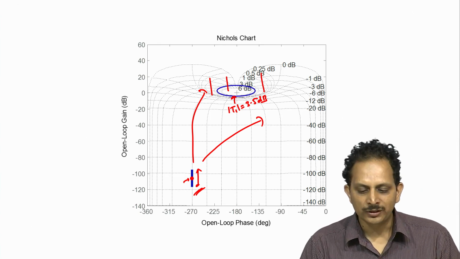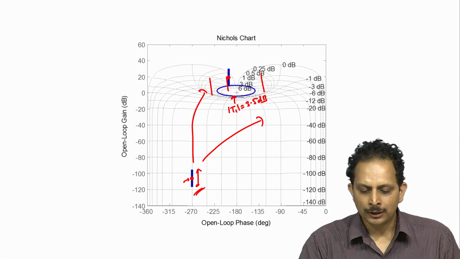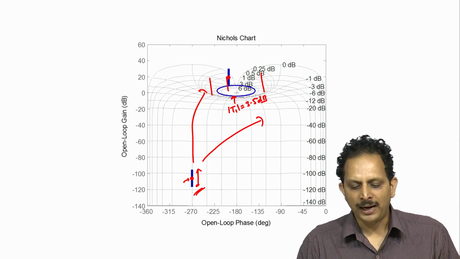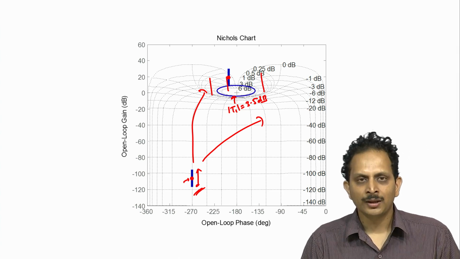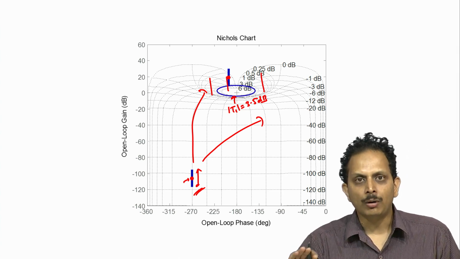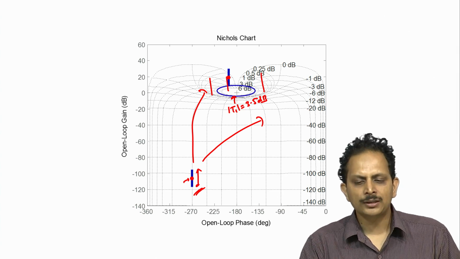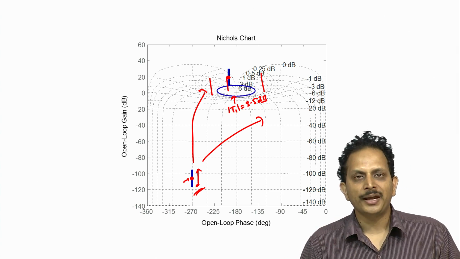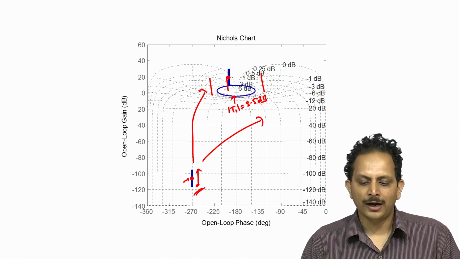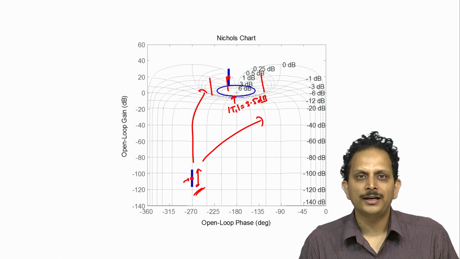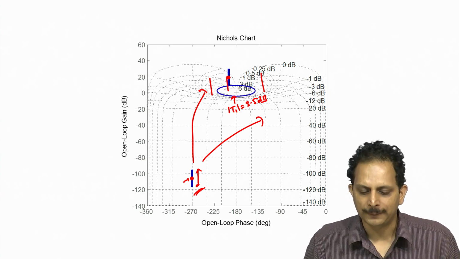Hence, what we have to do is locate the plant template such that only the extremity of the plant template is making contact with this curve and allow it to move around this closed curve, or in other words, allow the loop gain to assume a range of phase values and determine the magnitude of the loop gain at which the worst case plant would have the magnitude of T1 equal to 3.5 dB.